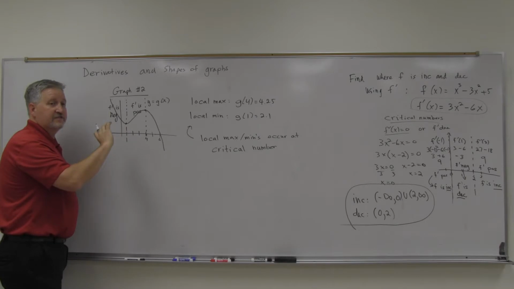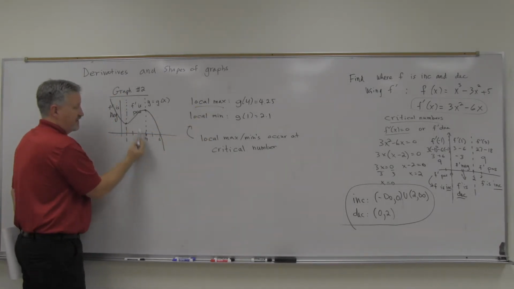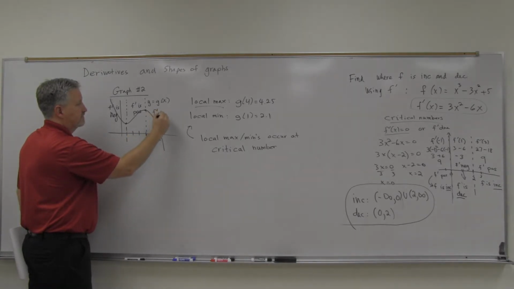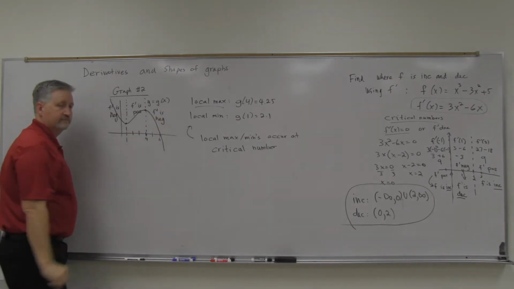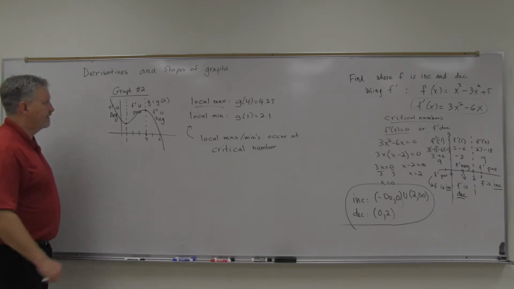Well, notice the reverse is true for the local max. To the left of the local max, you've got f prime positive, but to the right of the local max, you've got f prime negative, right? And this also gives me a time to mention something, but I'll mention it later.